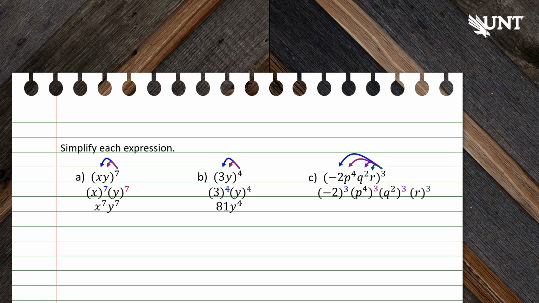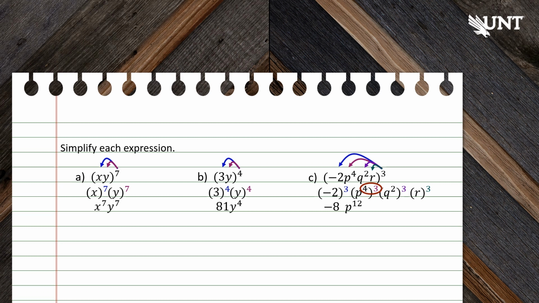The first value is negative 2 raised to the third power, which really means negative 2 times negative 2 times negative 2, which gives us negative 8. Next, we see p to the fourth raised to the third power. Notice your exponents are touching, side by side, which means we can multiply them. So we can simplify that and make that p to the power of 12.